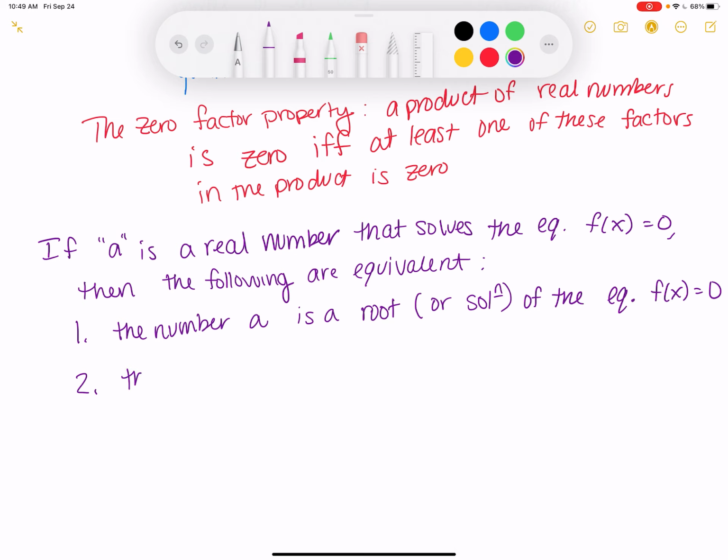The number A is a 0 of y is equal to f of x.